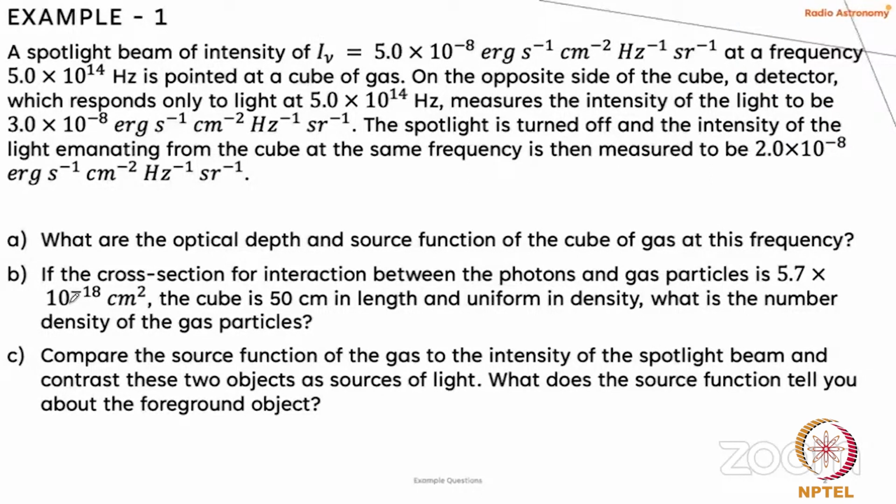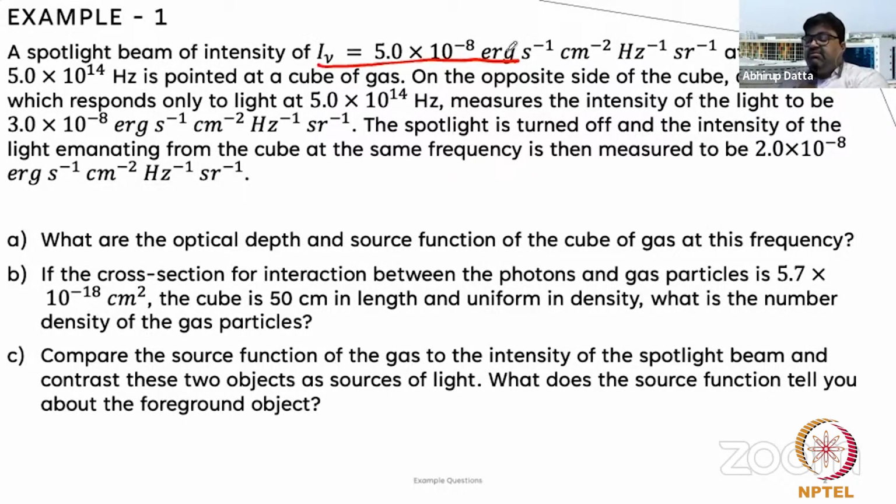The first example we are concentrating on: a spotlight beam of intensity I_ν equal to 5 × 10⁻⁸ ergs per second per centimeter square per hertz per steradian at a frequency of 5 × 10¹⁴ hertz, pointed at a cube of gas.